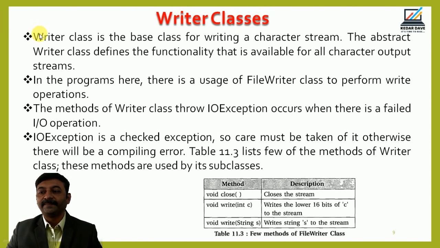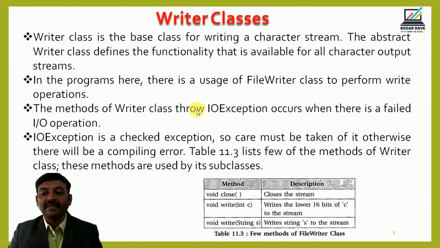The Writer class is the base class for writing character streams, and the abstract Writer class defines the functionality that is available for all character output streams. In the program here, the FileWriter class is used to perform write operations.